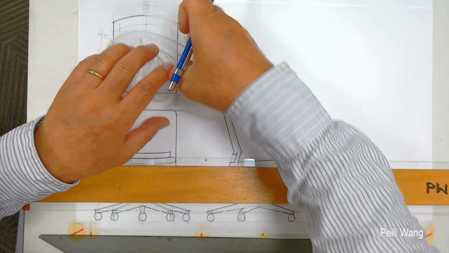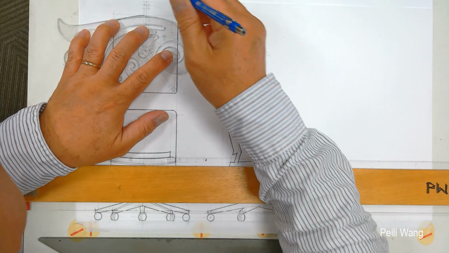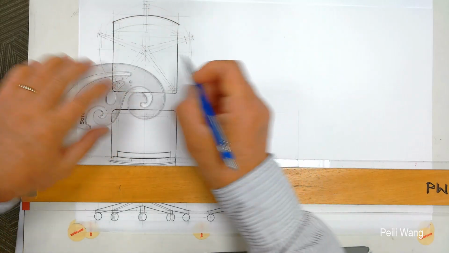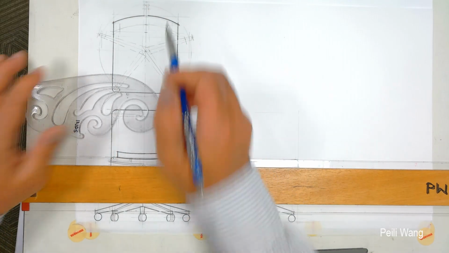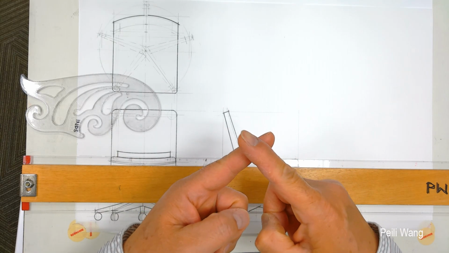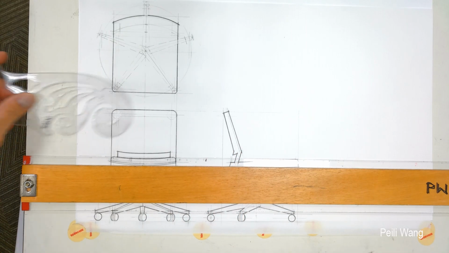Okay. Then flip to this side. Perfect. And also corner, take a look at, for technical drawing, I go over a little bit. I go over. Okay, so typically go over a little bit.